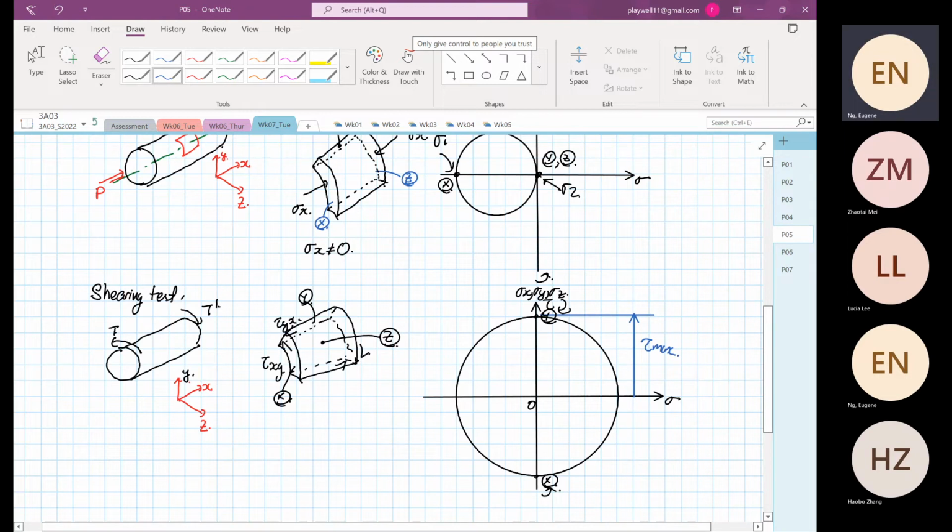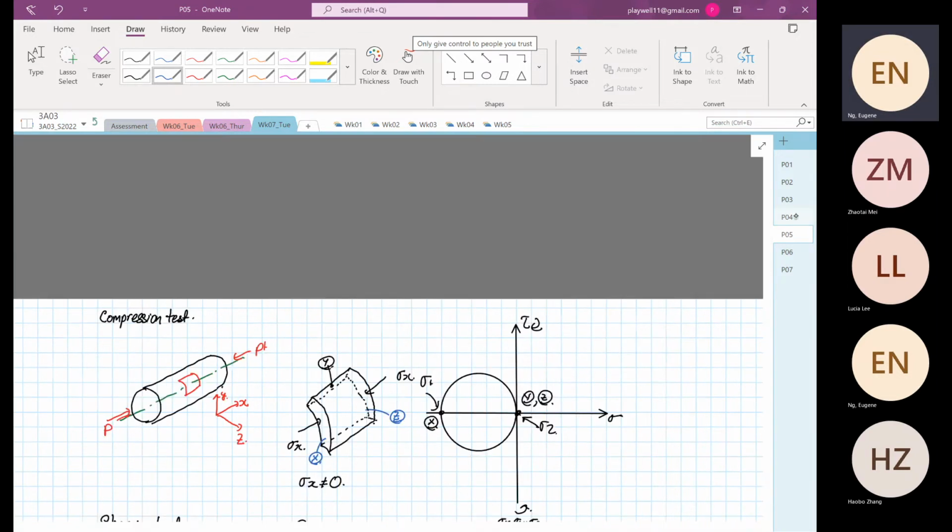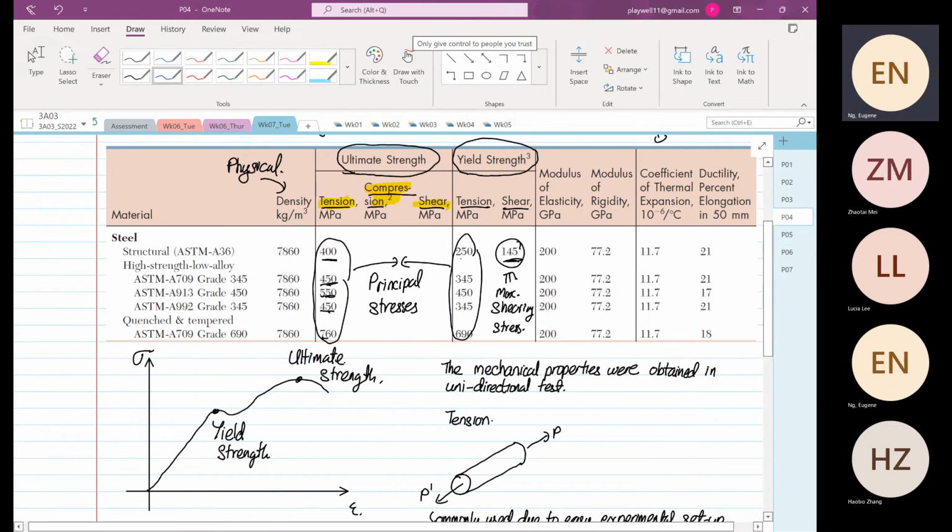So what you will see, if we go back to the material handbook, you will see that not a lot of material properties are reported in tension and also reported in shear. Now, some of you might ask me, Eugene, what if, like over here, the 345, 450, 345, and 690, we don't have the shear value? What can we do? Okay. So in probably week 10, I'll show you how to estimate based on the yield criteria.